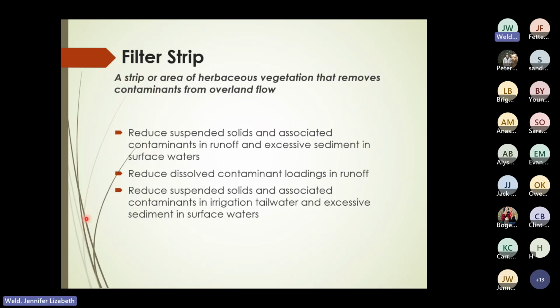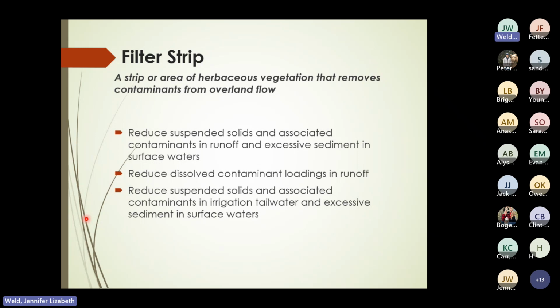So filter strips also address a resource concern, specifically reducing suspended solids and associated contaminants that may be in runoff, or excessive sediments from surface waters. They're basically a strip or area of herbaceous vegetation that removes contaminants from overland flow.